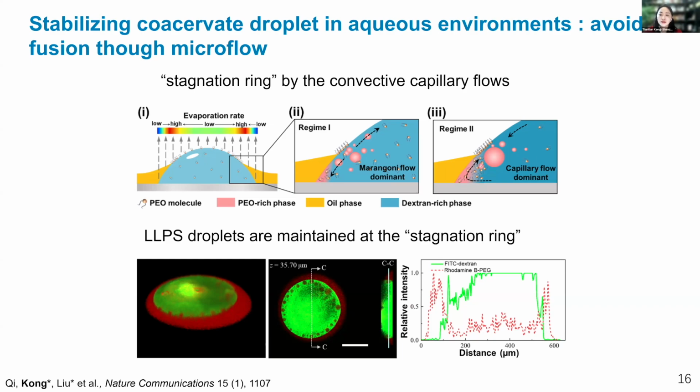This flow creates a ring of stagnation points where the flow is minimal. In this zone, smaller satellite droplets remain pinned. They remain pinned, preventing themselves from fusion with each other. So essentially, these droplets are trapped in place by localized microflows.